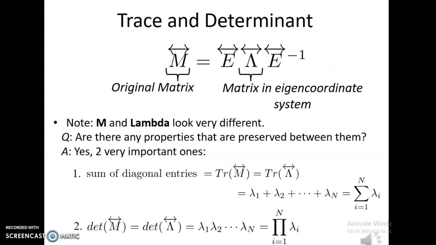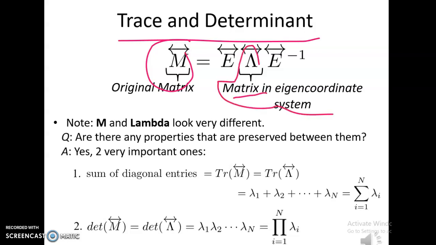Trace and determinant. The original matrix is E lambda E inverse, all in vector form, and the matrix in the eigen coordinate system is lambda.